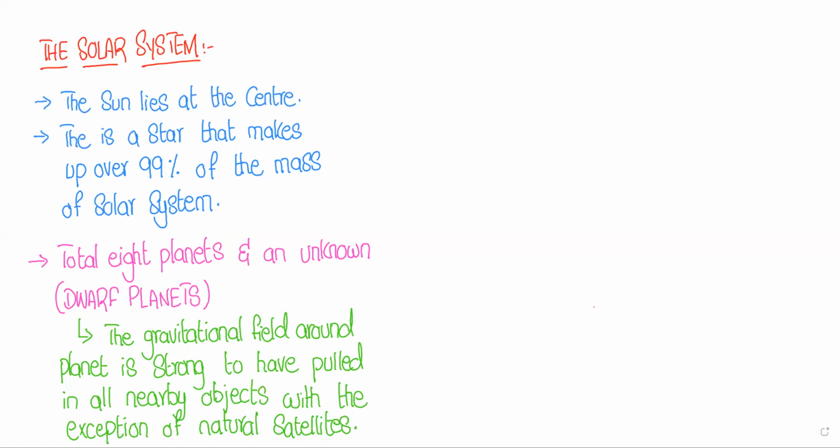In simple words, a dark planet is just like the concept of a black hole. We hear about black holes, that the gravitational force of a black hole is very much greater as compared to other galaxies and planets. A black hole absorbs all the energy and objects from the surroundings. The same goes for a dark planet: it has a greater gravitational force, and it pulls in all the energy and all other objects nearby. Only a natural satellite, like the moon, will remain there.